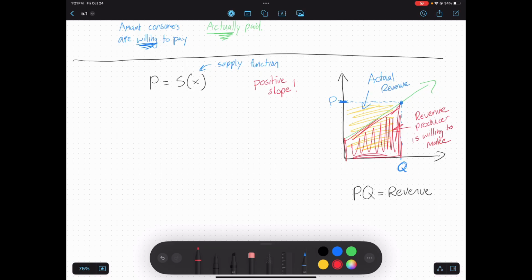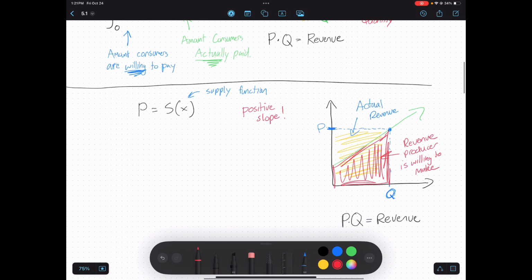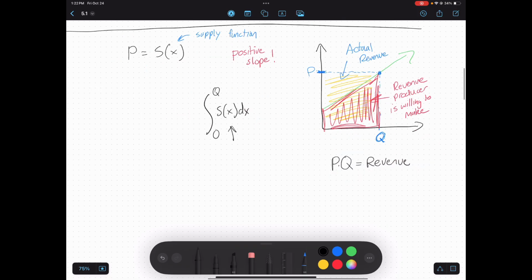So the same kind of thing applies with the supply function, where the area under the supply function represents the revenue the supplier or the producer is willing to make, but P times Q is what they're actually making. And once again, we want the actual revenue to be bigger than the revenue they're willing to make so that the supplier feels satisfied. The bigger this leftover area, the more satisfied your supplier is going to feel, because it feels like a bigger profit margin for them because they're making more than they thought they were going to make.